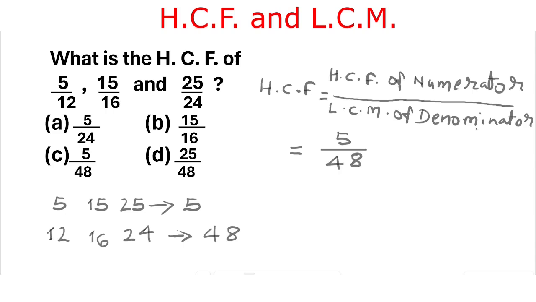Hence, the HCF of 5 upon 12, 15 upon 16 and 25 upon 24 is 5 upon 48. And from the given options, our answer is option C, 5 upon 48.